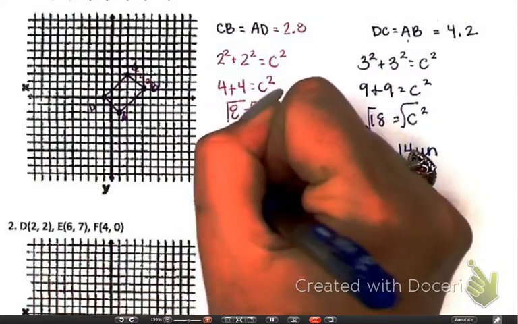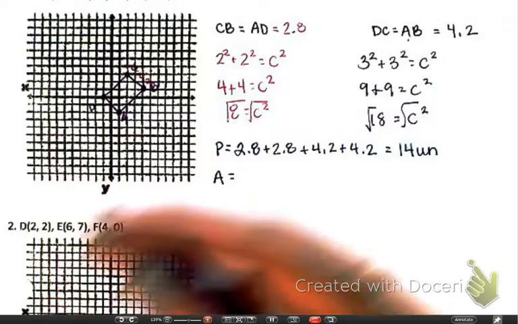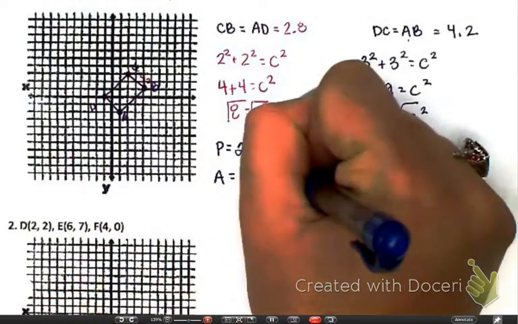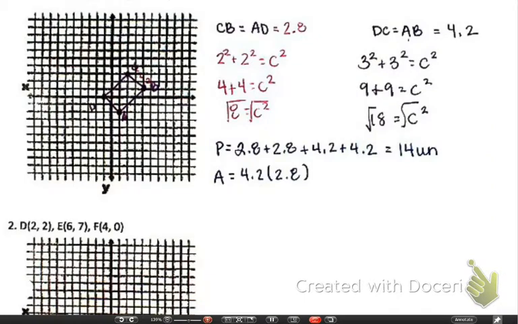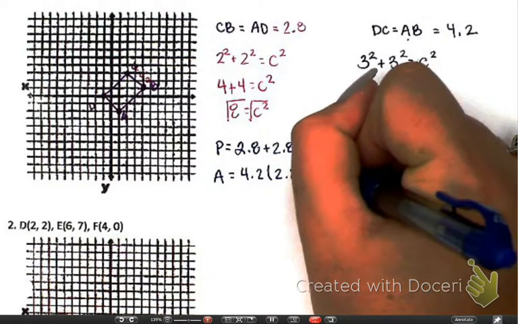We also have to find the area. And you told me in the warm-up the area was length times width. So what's the length of this rectangle? Okay, 4.2. What's the width? 2.8. If you said it was the other way around, is that okay? Yep. What is 4.2 times 2.8 rounded to the nearest tenth? 11.8.